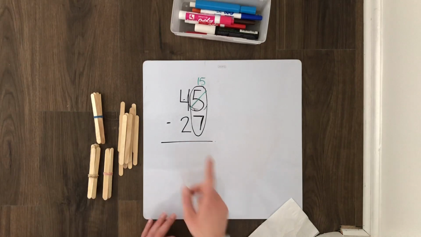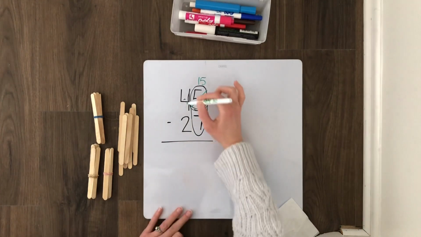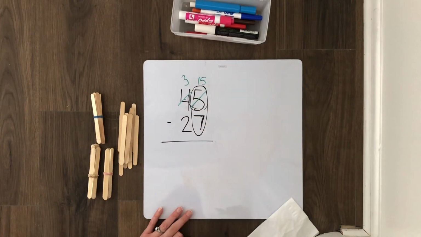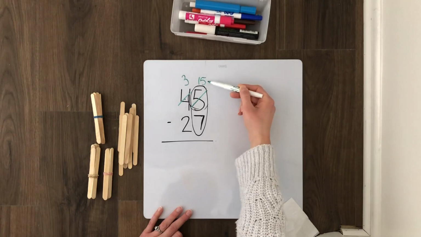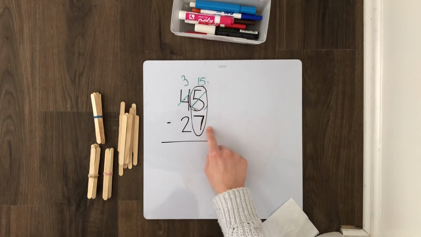But because we took a group of 10 and regrouped it to ones, there are now only 3 groups of 10. All right, we took 1 away. So now there are 3 groups of 10. Now we are ready to subtract because we have more on top in the ones place. All right, let's take 15 minus 7.